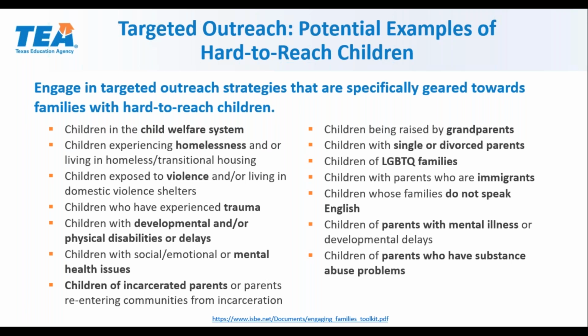Children in the welfare system, experiencing homelessness, children exposed to violence or who have experienced trauma, children with developmental or physical disabilities or delays, mental health issues, children of incarcerated parents or parents re-entering communities from incarceration. There might be programs that help parents transition from being incarcerated to living in the community, and so that could be somewhere you could reach out.